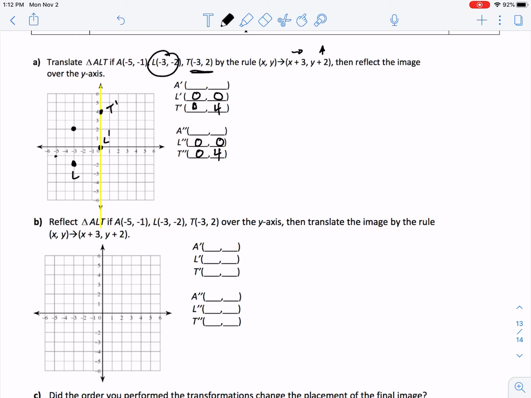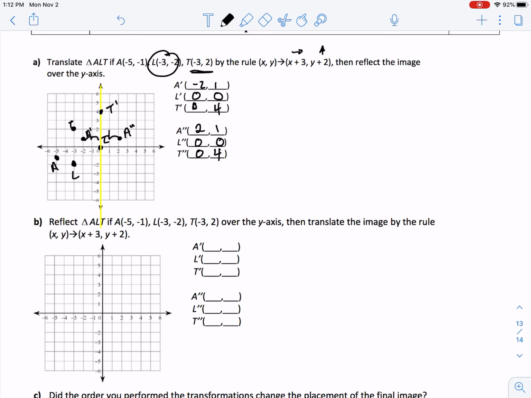Then -5, -1. Right 3, up 2 is A prime. Now here, to the line, I'm 2 to the left, so I need to go 2 to the right. And that gives me the point 2, 1.